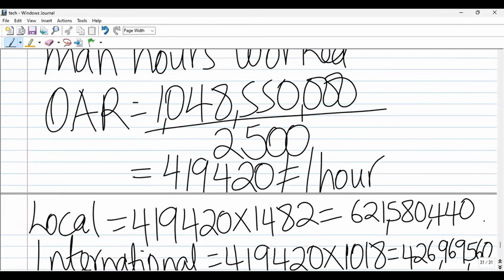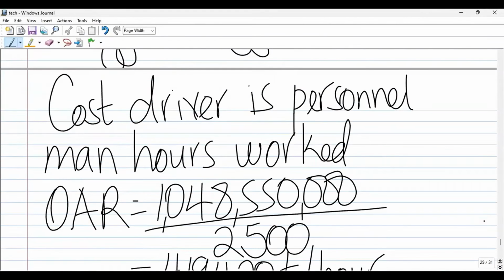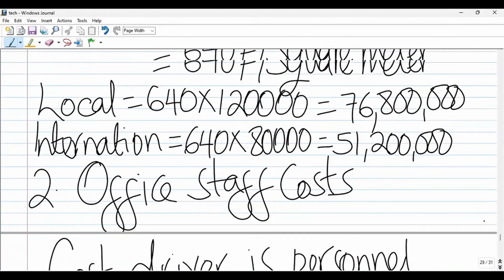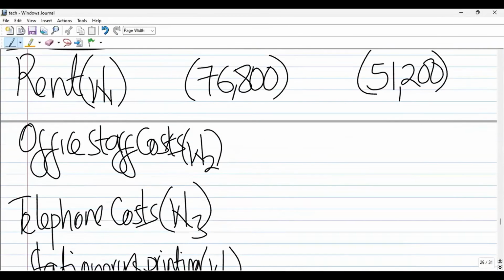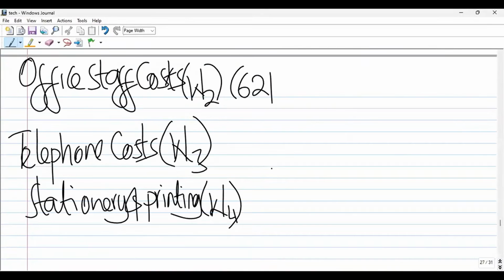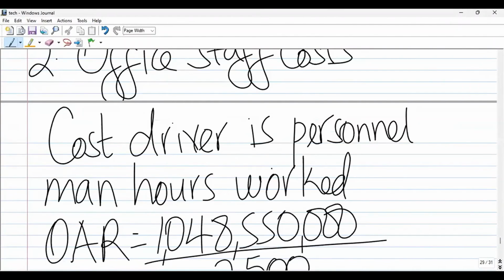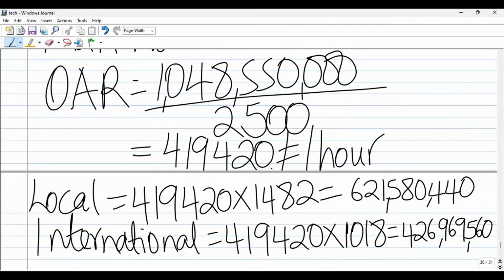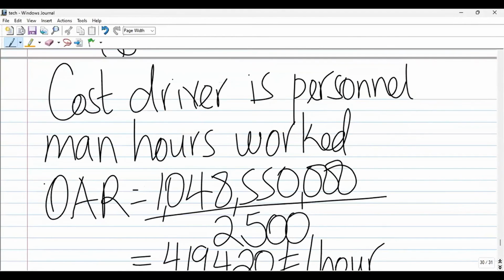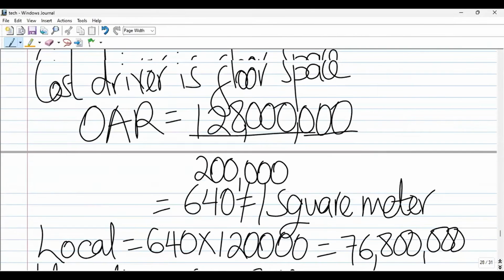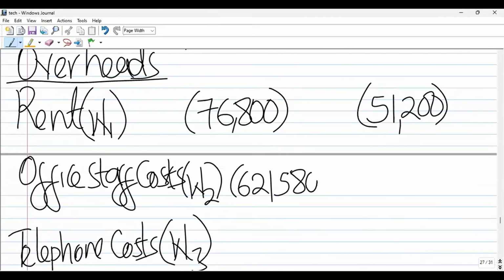So we go and take that to the statement above. Remember, we are not considering thousands. So after getting those values, we are dividing them by 1,000. So that means we have 621,580.44.